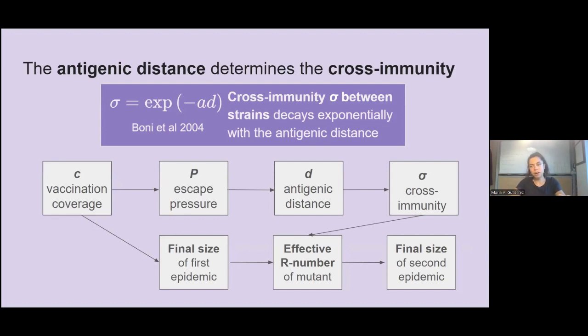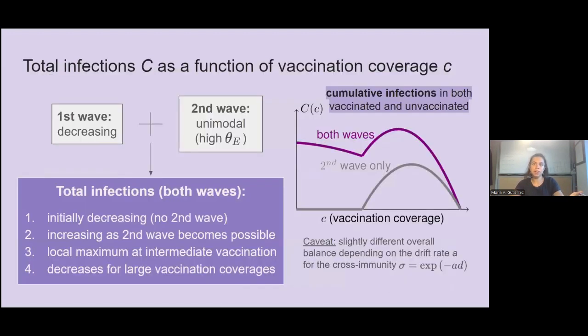And once we have that R number, then we can use the standard SIR model to find the final size of the second epidemic. I'm not showing the math here, but it's really the simple SIR model again for the second epidemic once we have its R number. And so we can add together the total number of infections.